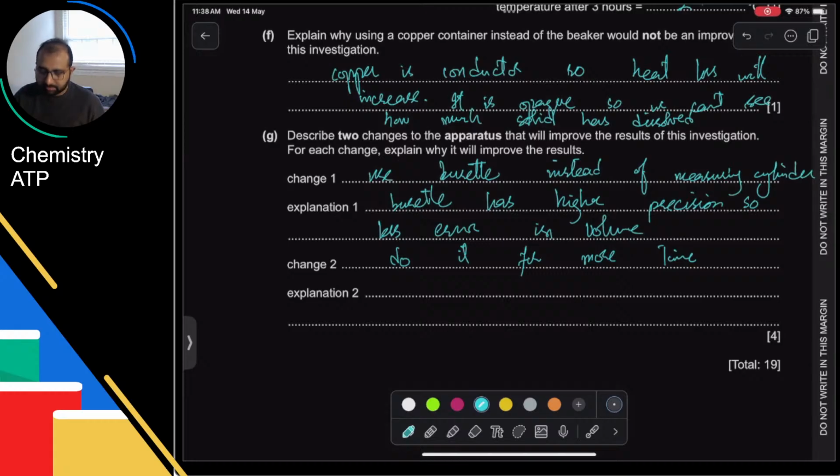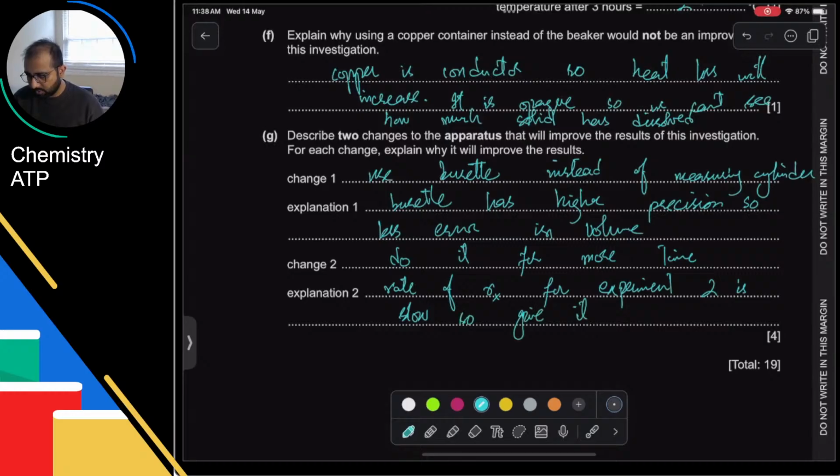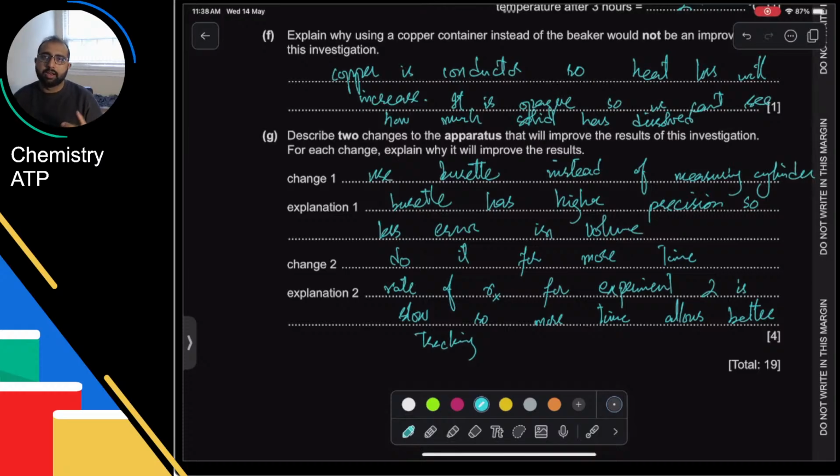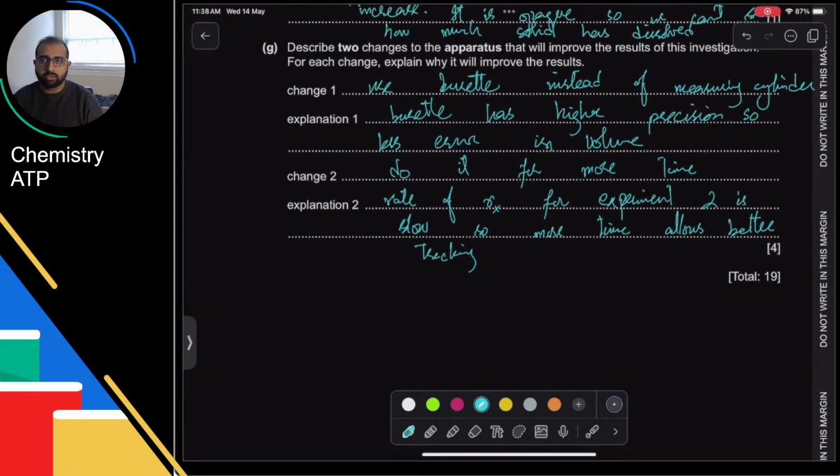The explanation is that the rate of reaction for experiment 2 is slow, so more time allows better tracking. You can also say that repeat the experiment and average out the values. That's also something you can say.